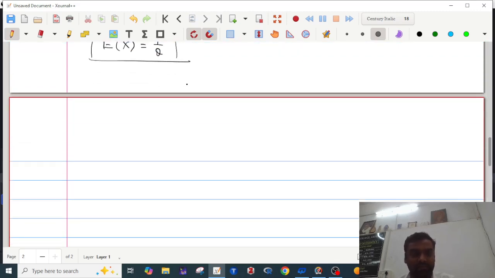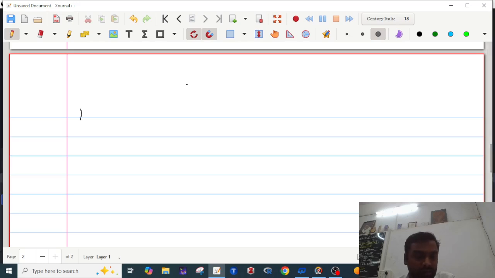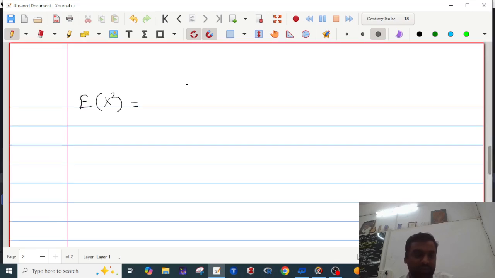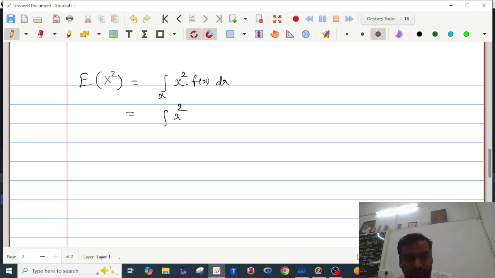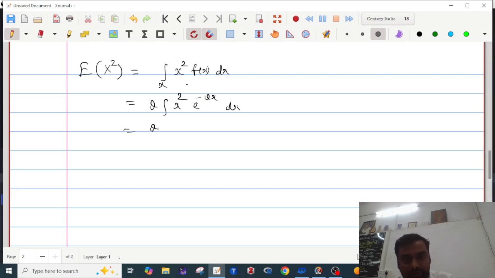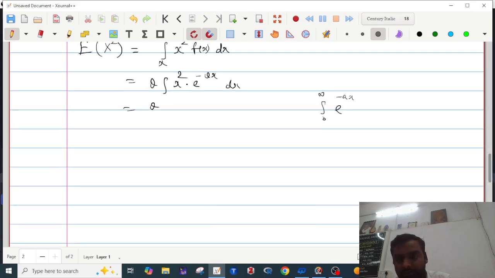Similarly, we can find the variance. To find the variance, first of all find the expectation of x square, on the same lines. It is the integration of x square into the value of the PDF, theta outside, e raised to minus theta x dx. Again use the same gamma formula: integration from 0 to infinity of e raised to minus a x, x raised to n minus 1 into dx, is gamma n upon a raised to n.